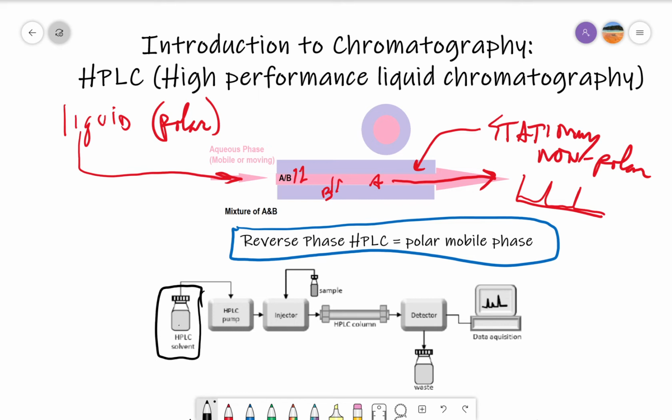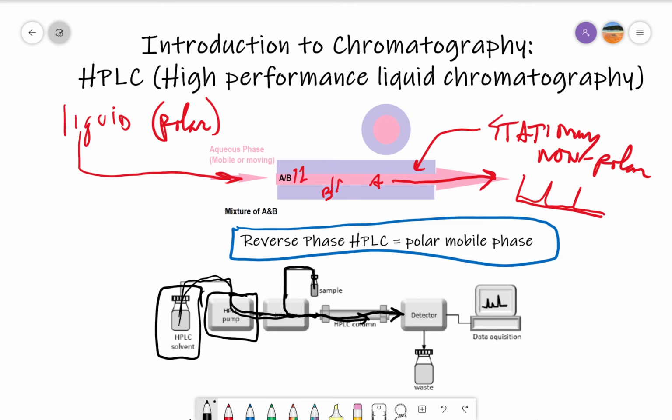But that solvent needs to be pushed through the HPLC column. That's done through the use of a high-performance pump. The pump pushes the solvent, the sample is injected into the flow, and then the mixture is pushed by the pump through the HPLC column.